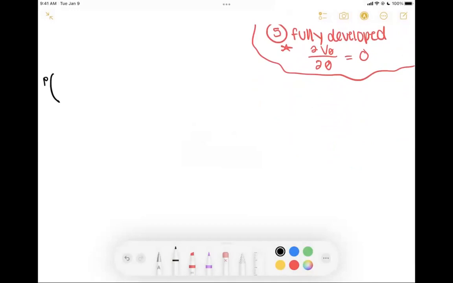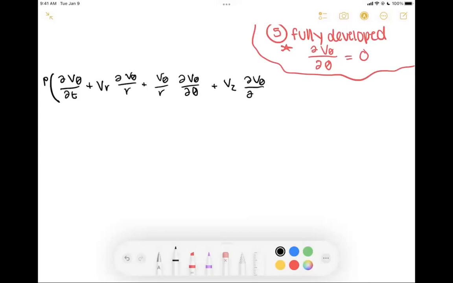Bear with me while I write this equation down. This is a kind of long equation, so I'm just going to write the rest of it down here.